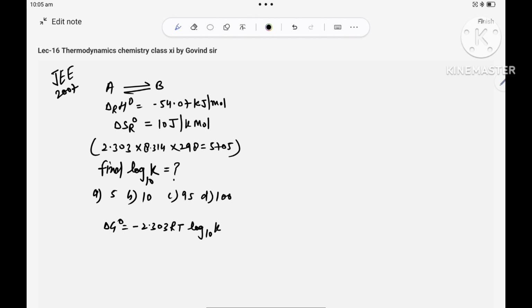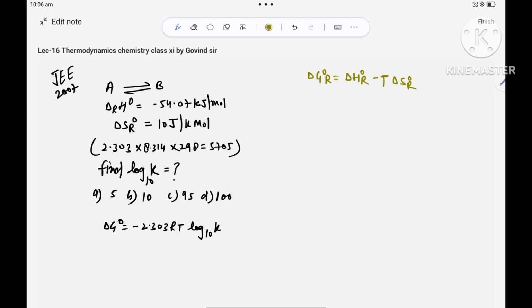So delta G naught, how to find? By this reaction. Here I am solving. Delta G naught for reaction is equal to delta H naught minus T delta S naught.